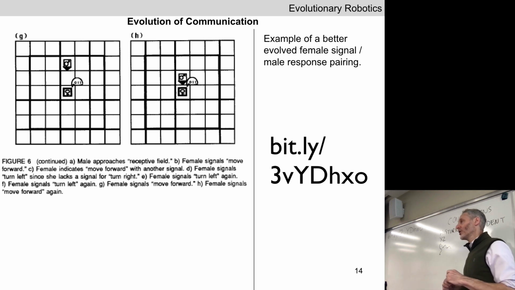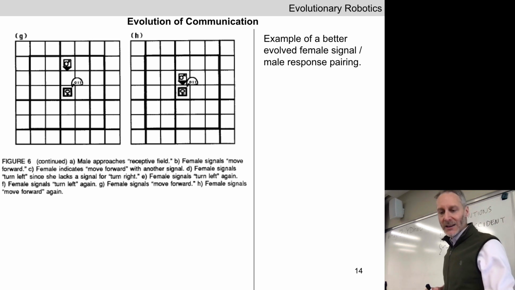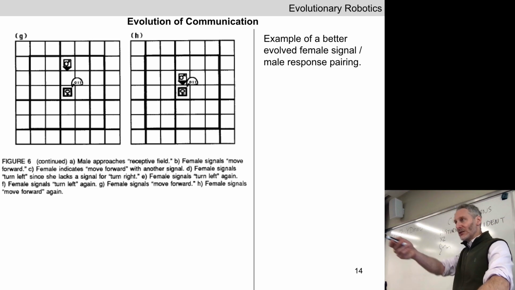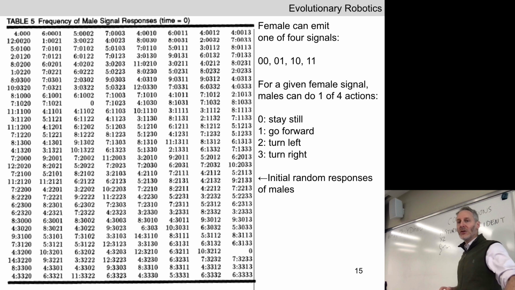But it's now occurred to us that there are different possible languages that can evolve under these conditions. So the second experiment we're going to look at now is something you mentioned a few minutes back. What happens if we restrict the communication channel of the female so that she can only emit 4 possible songs, and the males can hear those 4 possible songs?